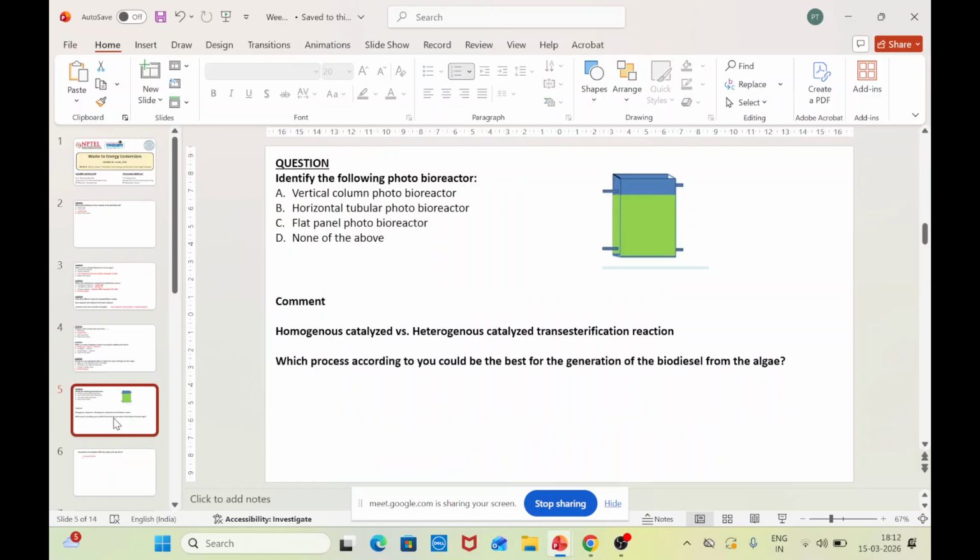Identify the following photobioreactor. Is it vertical column or horizontal tubular or flat panel or none of the above?